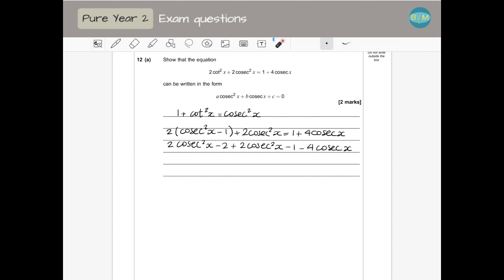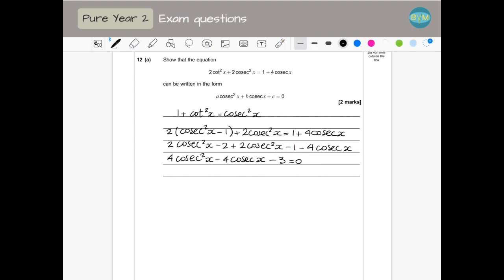So we have 2 cosec squared here plus 2 cosec squared here, 4 cosec squared, and then I have only minus 4 cosec x, and then I have minus 1, minus 2, minus 3.